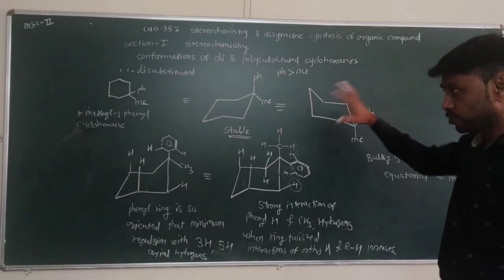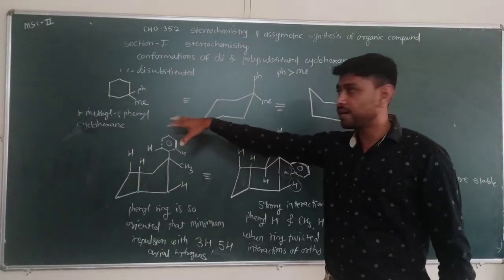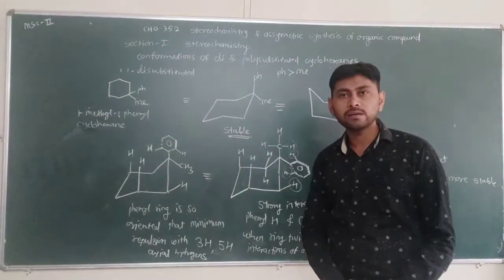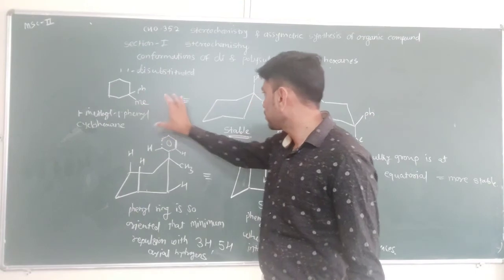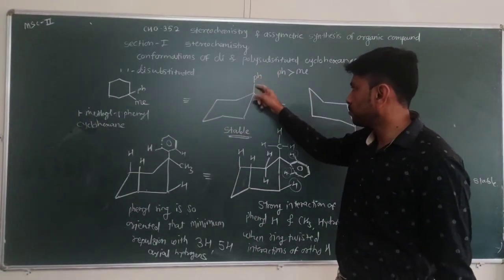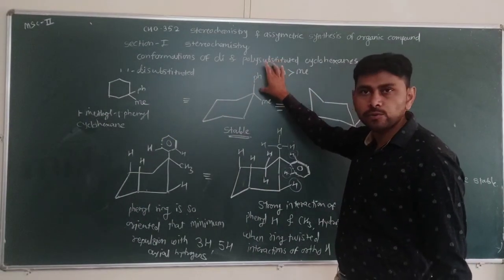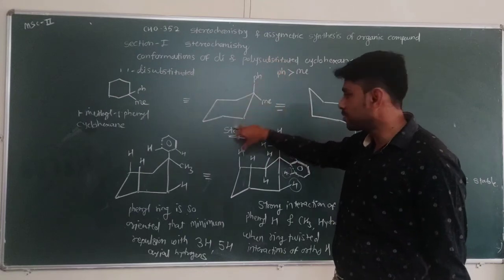Now the opposite concept operates in the case of 1-methyl, 1-phenyl cyclohexane. In this case, we observed that with the bulkier group at axial position, we obtain the stable conformation.